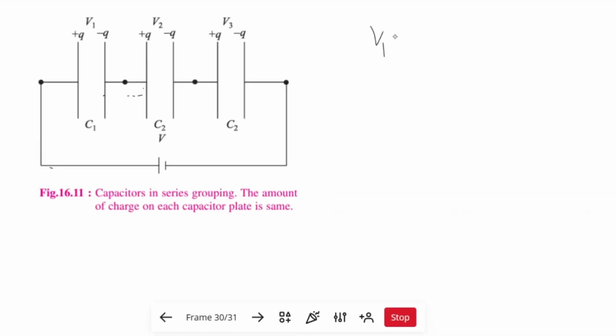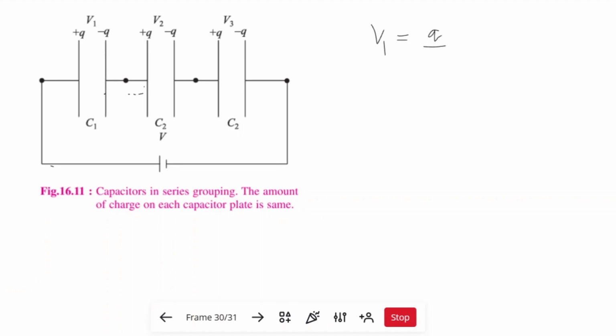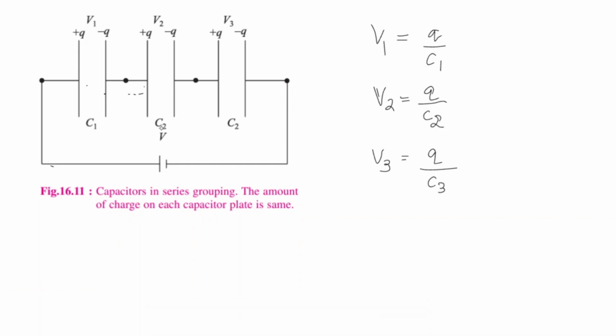Therefore, we get V1 is equal to Q by C1, V2 is equal to Q by C2, and V3, the potential, is Q by C3. So this is the potential across capacitor 1 is V1, across capacitor 2 is V2 and across capacitor 3 is V3.